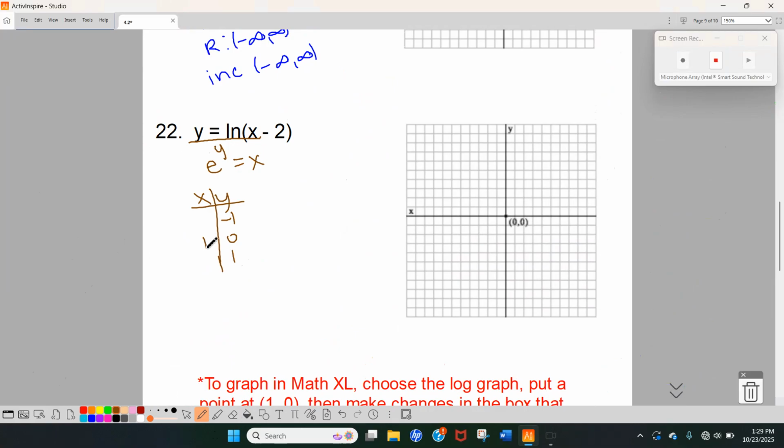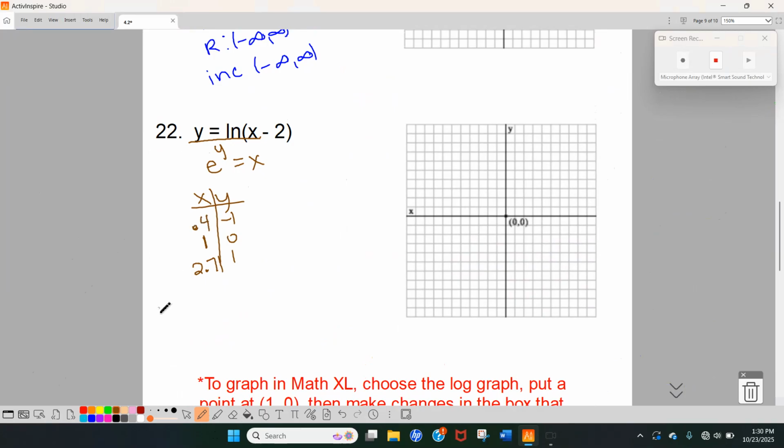The first is going to be roughly 2.7. The -1 is going to be a little less than a half. Let me put it in my calculator and make sure. We want 1 divided by E, and we get 0.3678, so we're just going to round that and say it's roughly 0.4.